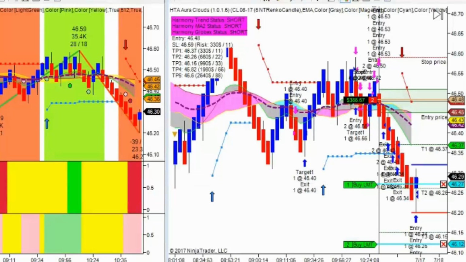Yeah, we need a little bit of burst of energy to 46.25 so we can get rid of these 2 last contracts.